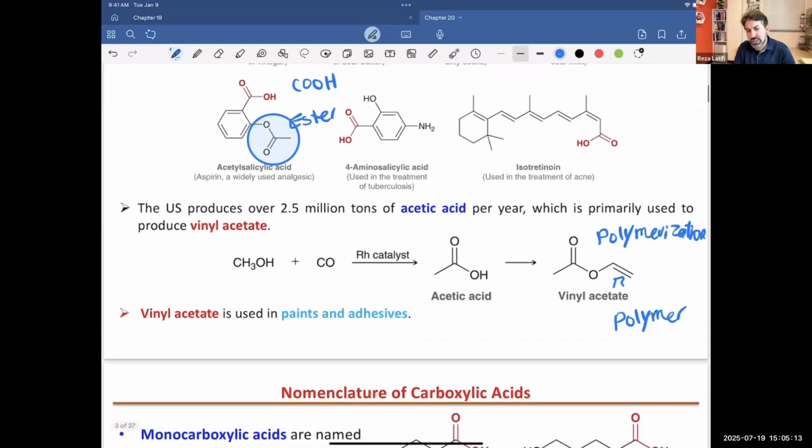And even then, with acetic acid, instead of turning it into vinyl acetate, you can take the terminal carbon that is attached to 3 hydrogens, the ones I'm going to highlight, and replace those hydrogens with other atoms, like chlorine or fluorine or any other good leaving group. And if you do that, now you can run a bunch of nucleophilic substitution reactions on that carbon, while you have the carboxylic functional group there.